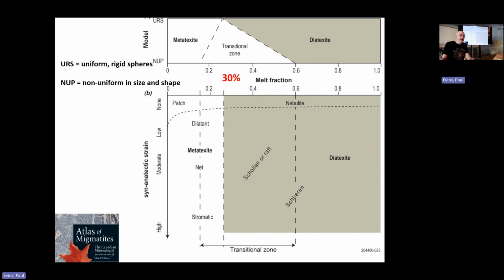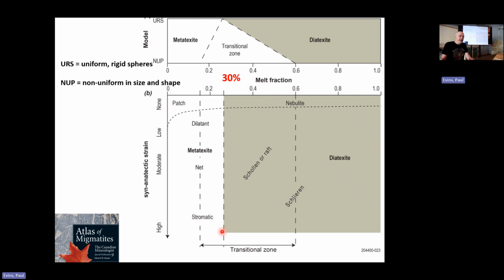And that transition in these models typically happens, well, it can depend on whether you use these different model types for the remaining rock that's not melted. But generally speaking, that transition happens at around 30% melt fraction. So when you have more than 30% melt, and if you can see more than 30% melt in the rock that you're looking at, then you're most certainly in a diatexite.